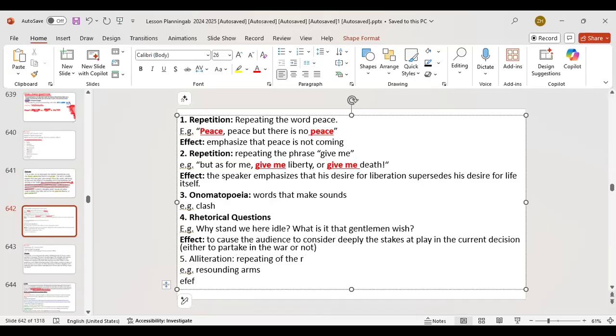What's the effect? What's the effect of "resounding arms"? What is he trying to do?